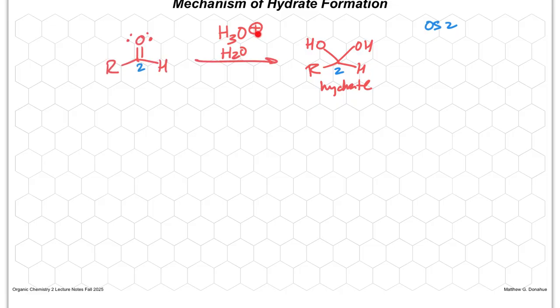So we know that hydronium, H3O+, is an acid. So this thing has to be a base. The action of a base is to abstract a proton, and we have electrons on the oxygen. So we'll protonate that oxygen.